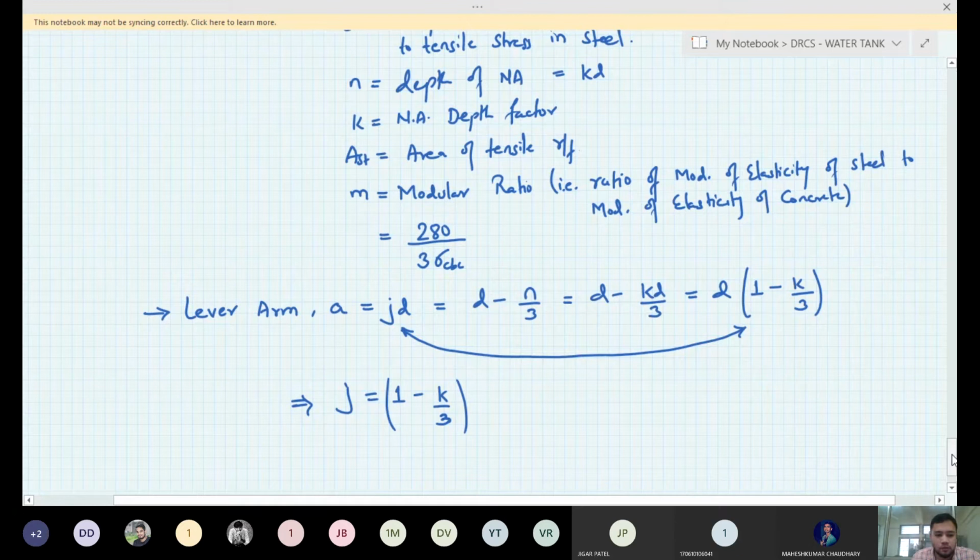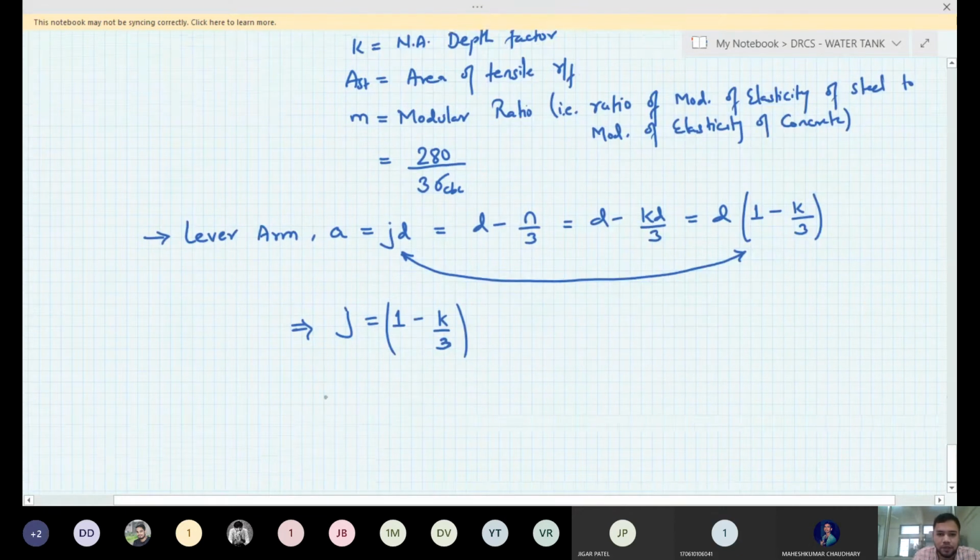So again, for the critical value, JC is equal to 1 minus, you substitute the critical value of K, so Kc by 3.